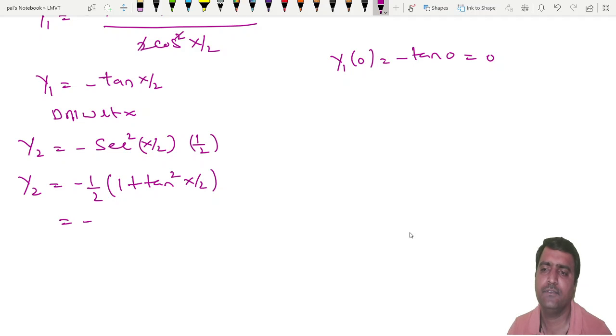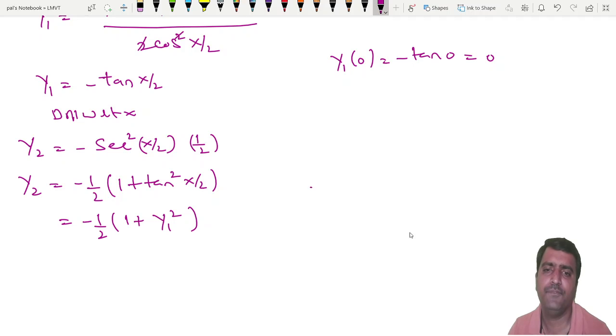So which is equal to minus 1 by 2 into 1 plus, what is tan x by 2? Tan x by 2 is minus y1. So what is tan square x by 2? That is y1 square. This is y2.